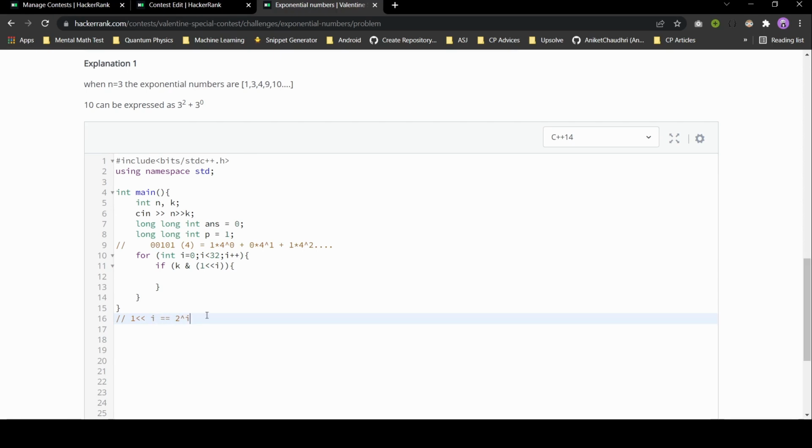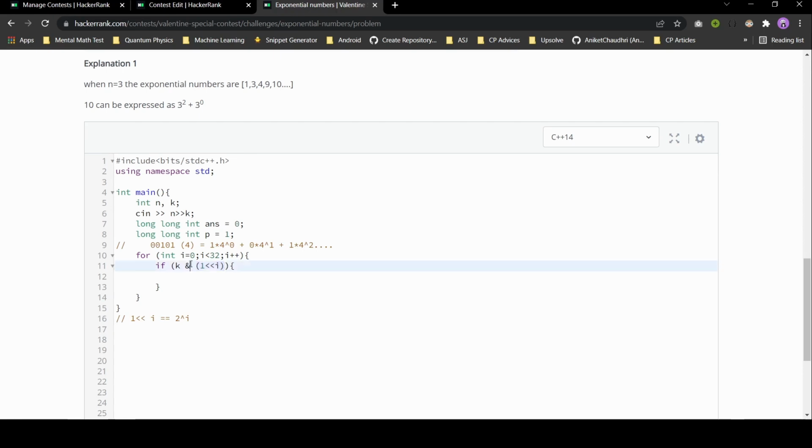So it's just another way of writing this. The double less than operator is known as the left shift operator, and it helps us to power a number. You will read more about it when you read about bits, bit masking. So this is just powering, 2 power i. It's just another way of writing 2 power i.